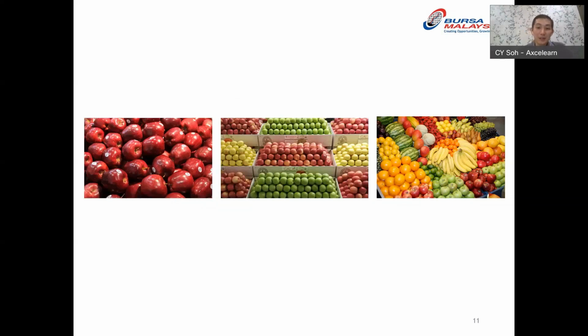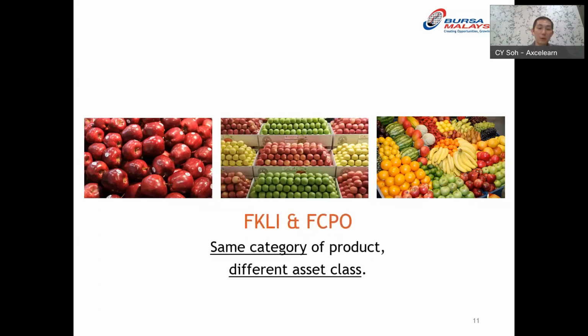So even if Malaysia can produce apple and kiwi, it may not be as good as a kiwi or apple from Australia or Japan. Now, in fact, although FKLI and FCPO are considered the same futures product, derivative products or futures products, right? They are considered the same category, but they are actually considered as a different asset class. So later on, I'm going to share with you what the asset class is in different terms.